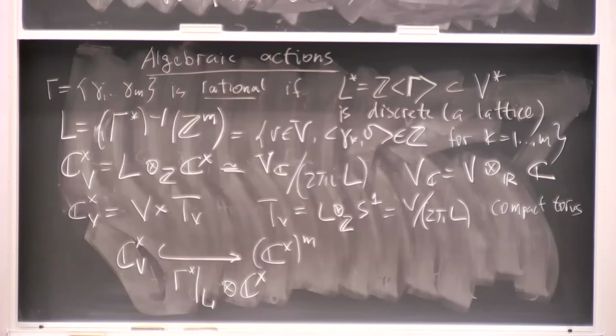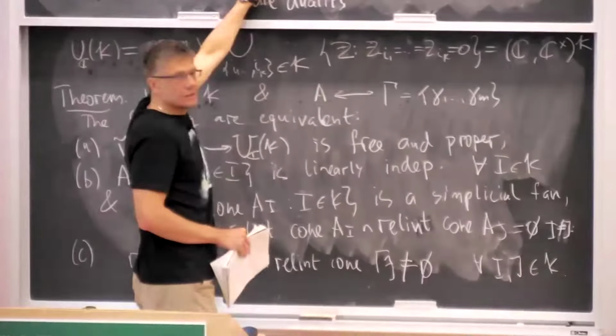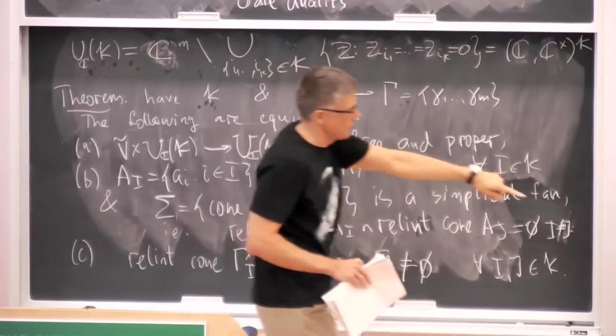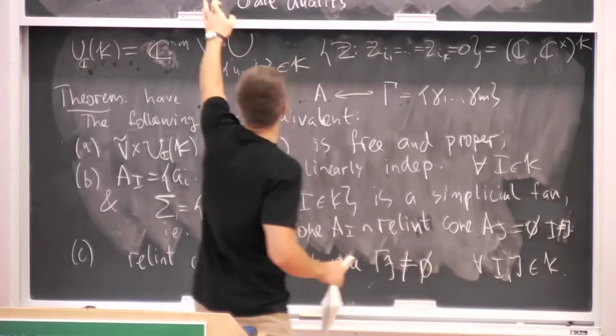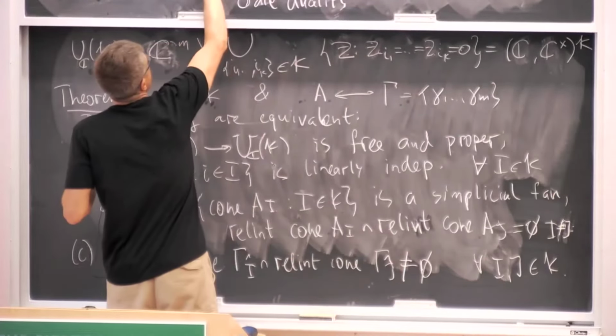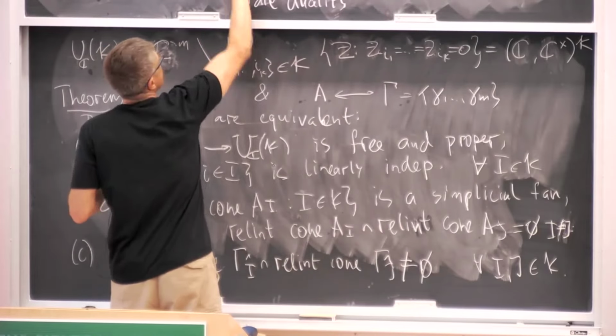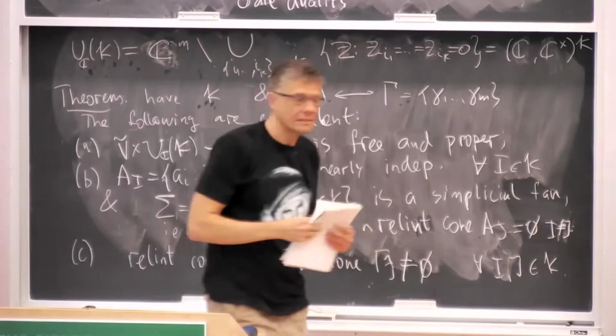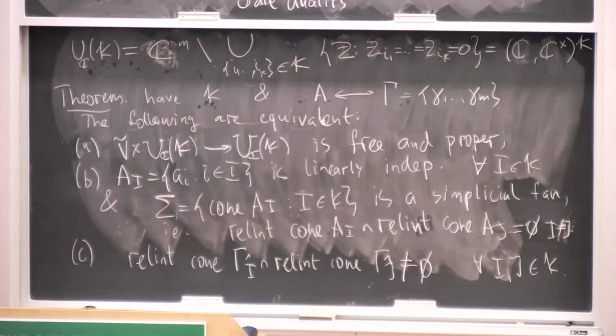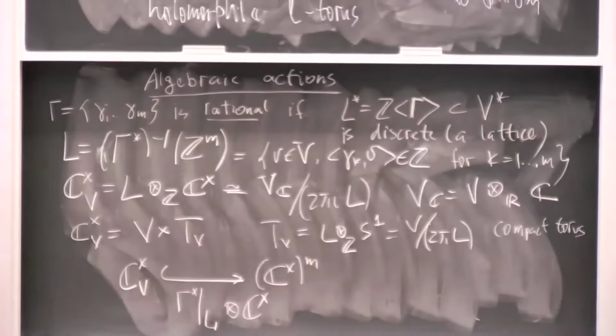Now everything is rational, so there is a lattice here called L, and that lattice L maps to Z^m. And then you look at the map of algebraic tori corresponding to this map of lattices, tensoring with C cross.